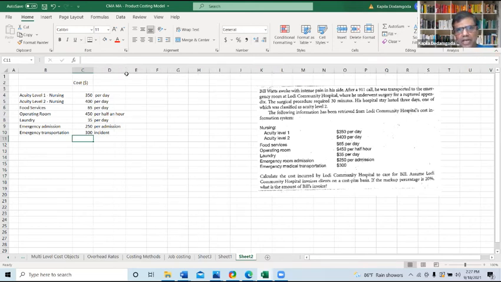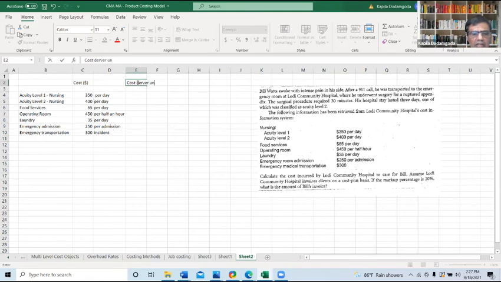Once you have that, you have been asked to calculate, they have a markup of 20%. What is the amount of Bill's invoice? So they have explained to you what has happened to him. Based on that, we need to look at the cost driver units consumed.